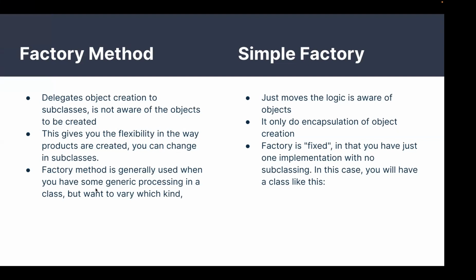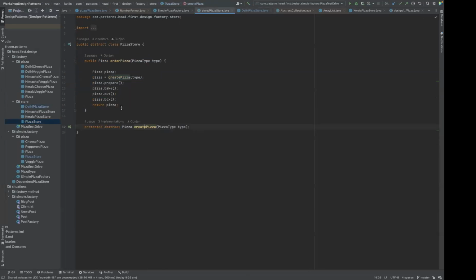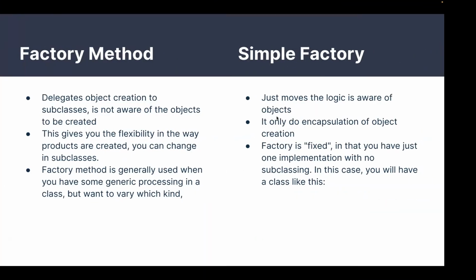Factory method is generally used when you have some generic processing in a class, but want to vary which kind of object is created. So in our pizza store, we have some generic processing, but we want to vary our creation of the pizza. So we did that. Whereas simple factory is fixed in that you have just one implementation with no subclassing as such.